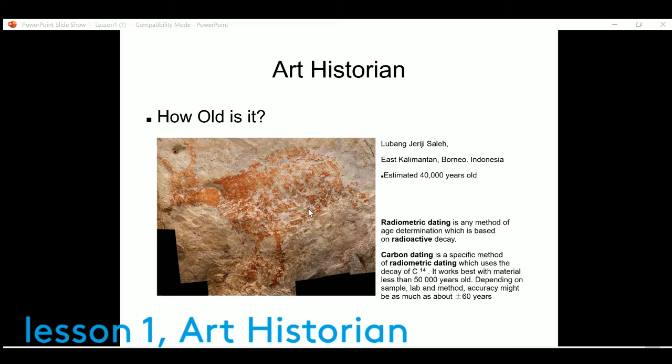So imagine how they identify the artifacts in Lubang Jeriji Saleh in East Kalimantan. This is a cave painting. It is estimated to be 40,000 years old. Wow, 40,000.